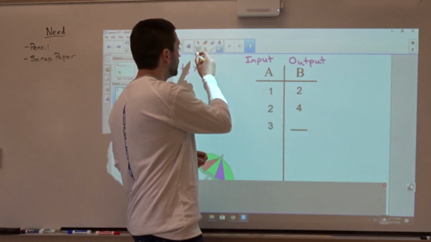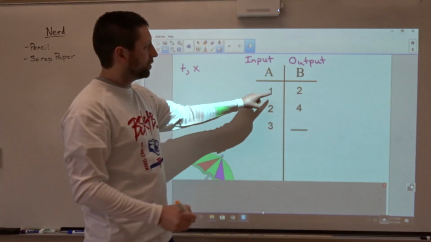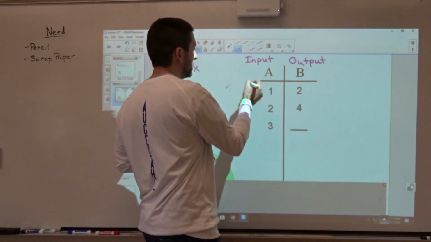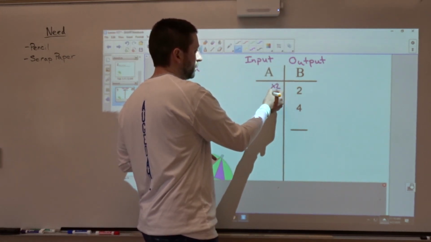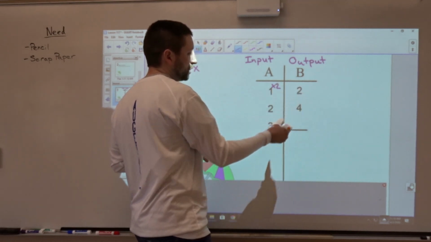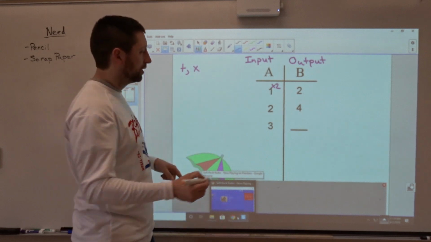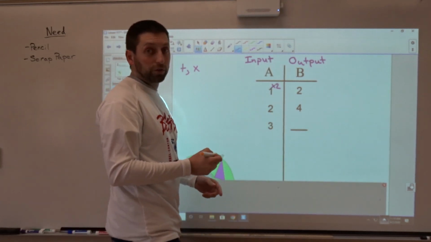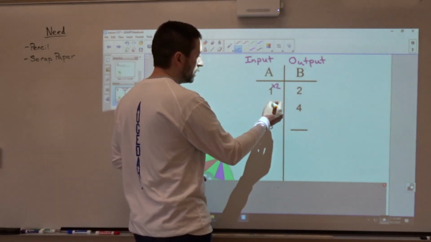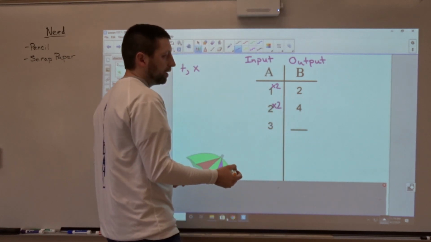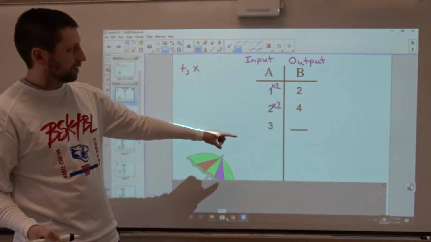Okay, so how do I get from 1 to 2? The only way to get from 1 to 2 is to take it times 2. If I do 1 times 2, I get 2. So let's try that for 2 and see if that works. If it works, then we've figured out the rule. 2 times 2 is 4. Okay.